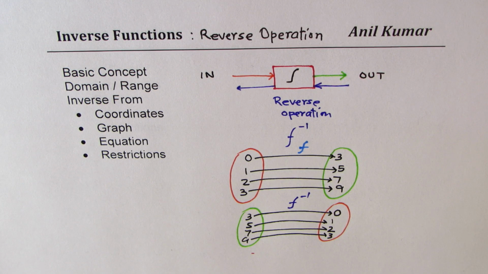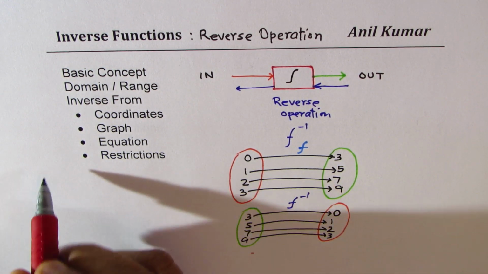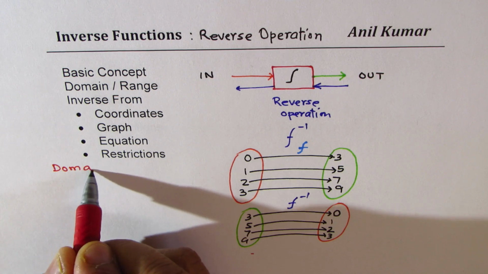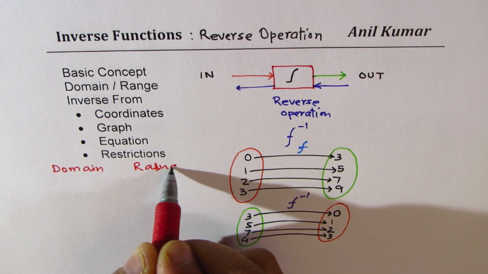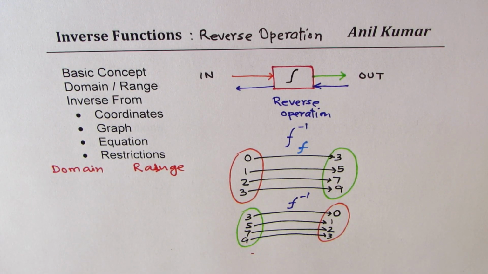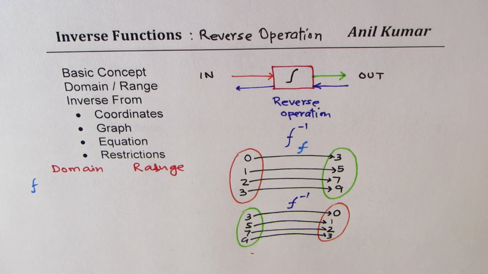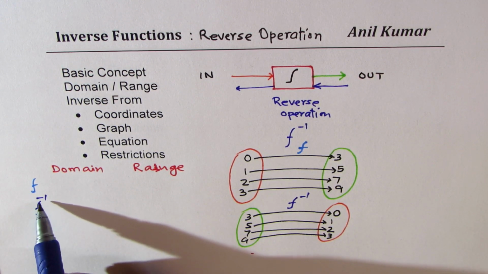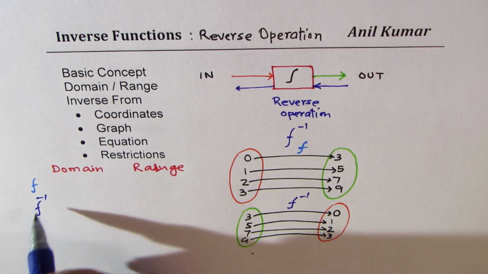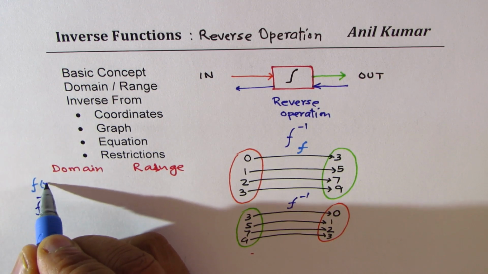Now from this simple illustration, we actually get many things. That is to say that we have a relation between domain and range. In case we are considering a function f, for example, and its inverse, which is written as f to the power of minus 1, it is not a reciprocal. When we write minus 1, it is read as inverse. So we may write f of x as the function.